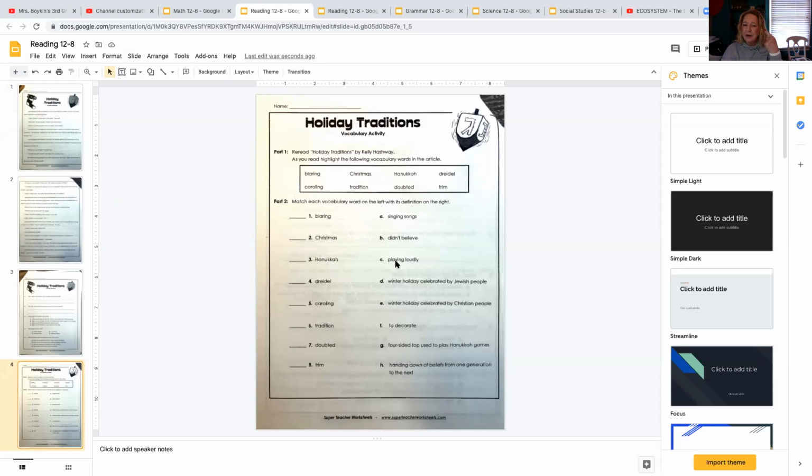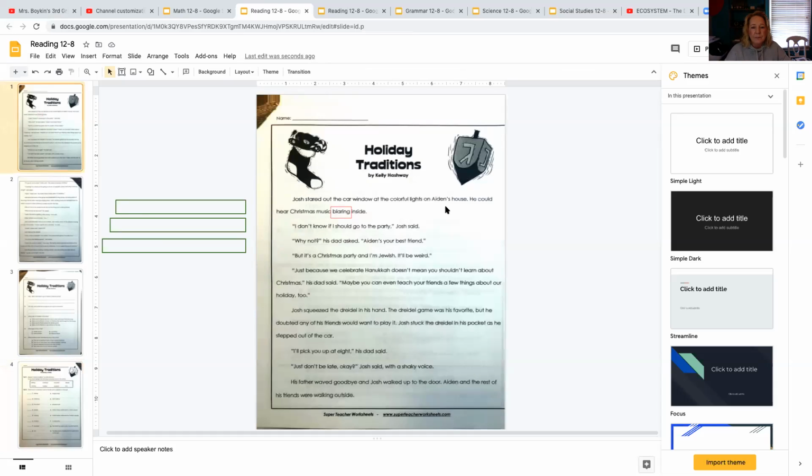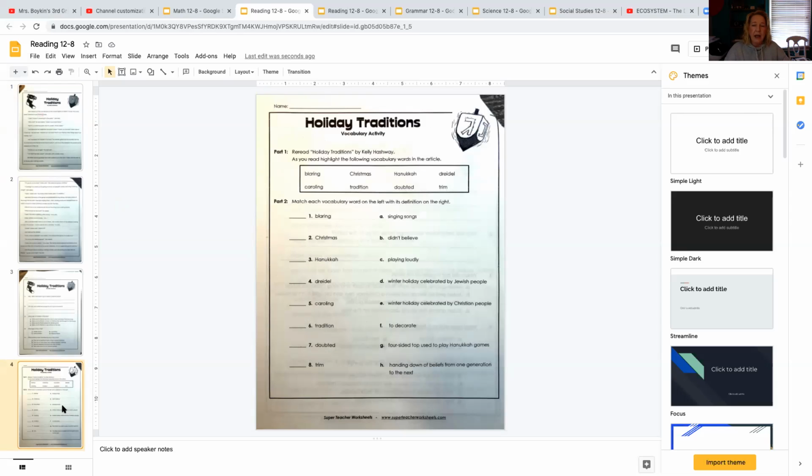He could hear, didn't believe, singing songs, to decorate, playing loudly. I would say that fits that. He could hear Christmas music blaring inside. That means it was so loud that he could hear it outside.